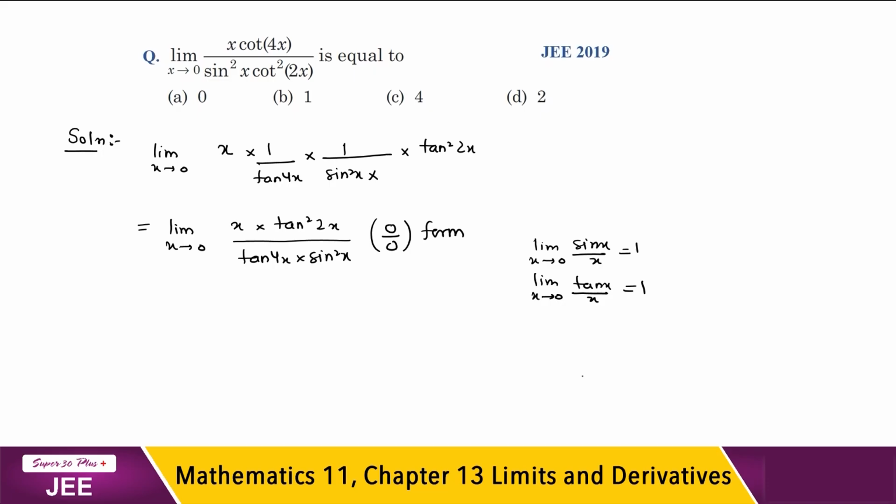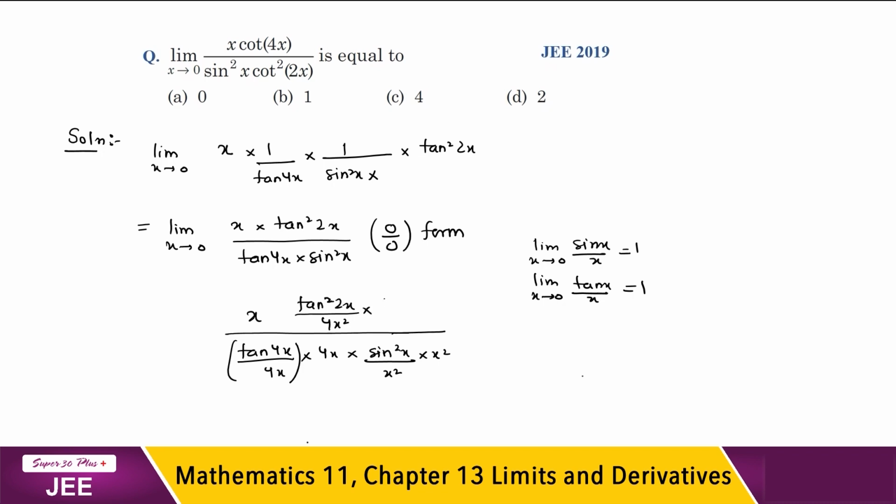So for this tan 4x we will be needing a 4x in the denominator, so I am multiplying and dividing by 4x. For this sin square x we need x square in the denominator, so I am multiplying and dividing by x square. And for this tan square 2x we need square of 2x, which is 4x square, so again dividing and multiplying this term by 4x square.